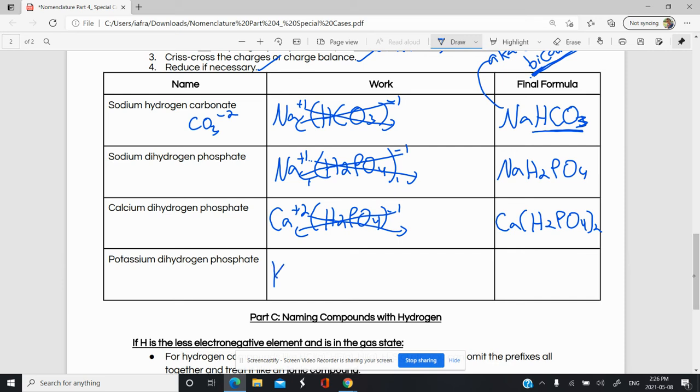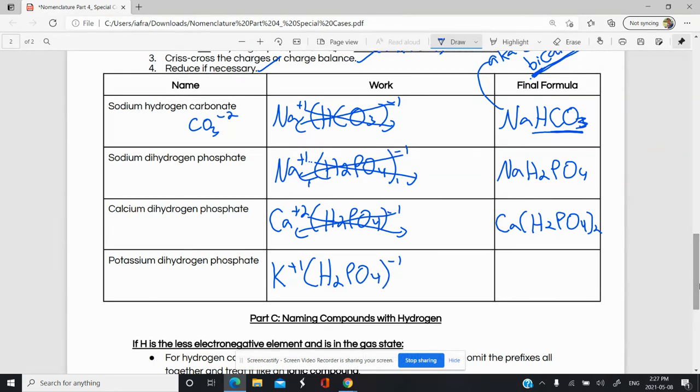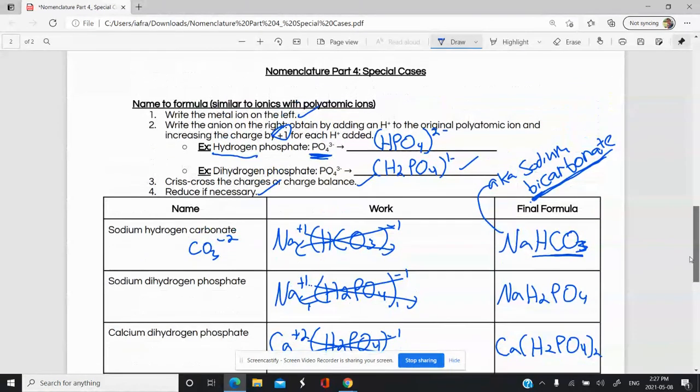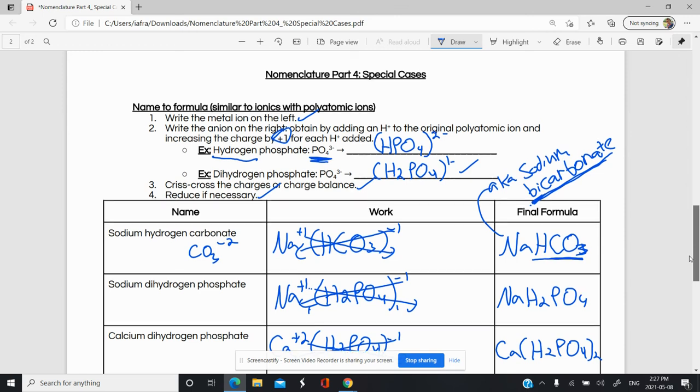So we have K plus 1. H2PO4, and we said that was negative 1. And then we can crisscross. And then we know that since it's 1 and 1, we can simply write KH2PO4.